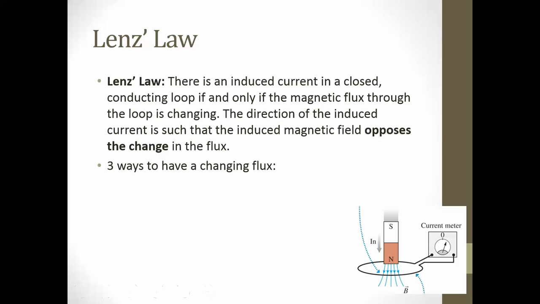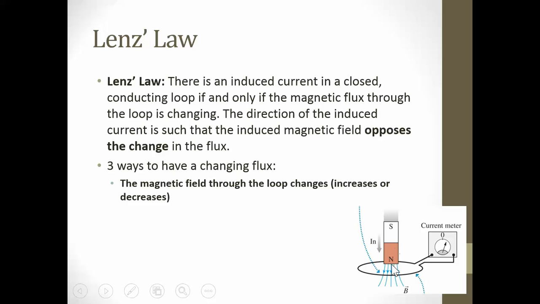Basically, we're going to create a changing flux in our loop. We can create a changing flux several ways. Basically, we either need to change the area, the angle, or the magnetic field. So for a changing flux, we can either change the magnetic field through the loop. So if I move a magnet towards the loop, I'm going to change my magnetic field. Or if I move it away, I'm going to change the magnetic field. So an increasing or decreasing magnetic field will change the flux. We can also have the loop area or angle changing.